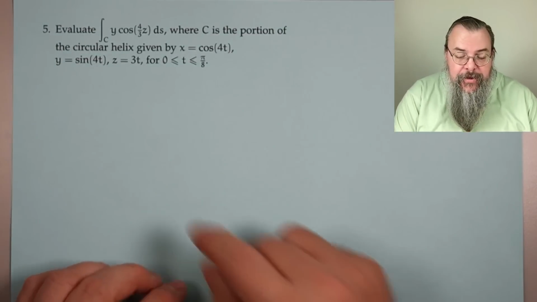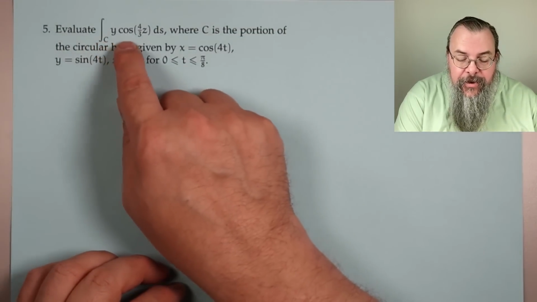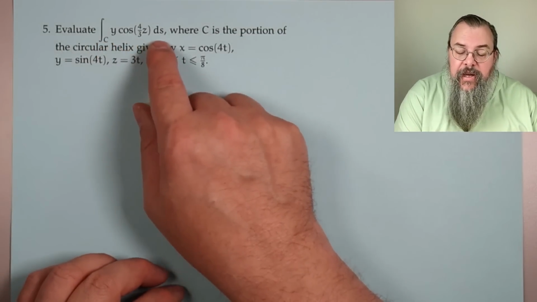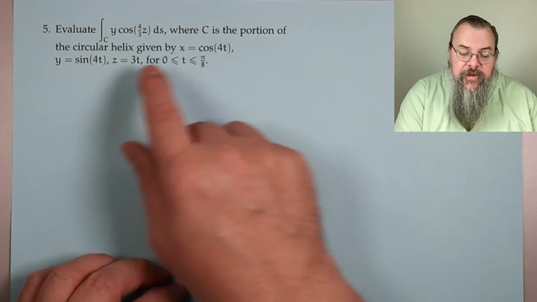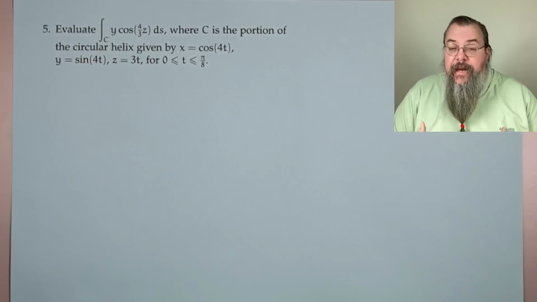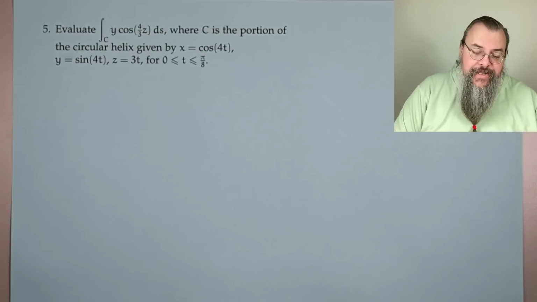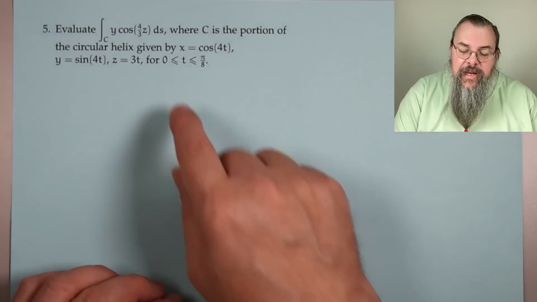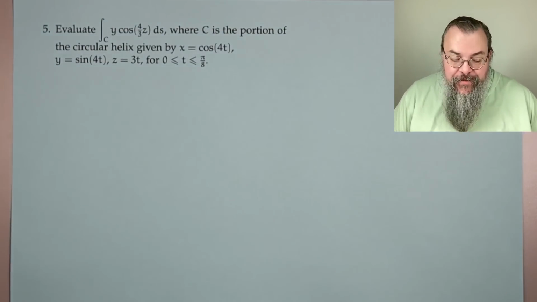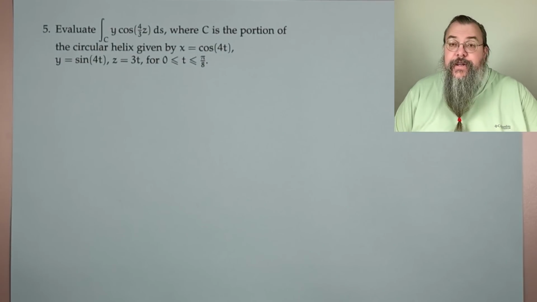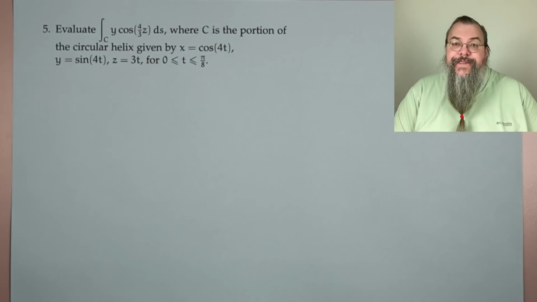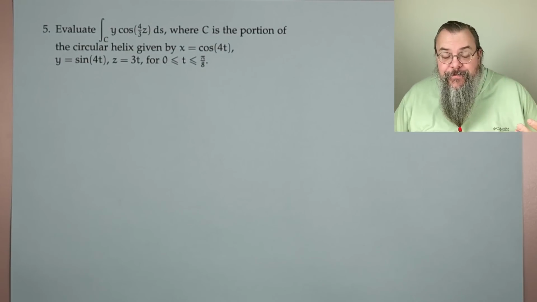Evaluate the integral along the curve of y cosine 4/3 c ds, where c is the portion of the circular helix given by x is cosine 4t, y is sine 4t, z is 3t, and time goes from 0 to pi over 8. All right, so what do we do?